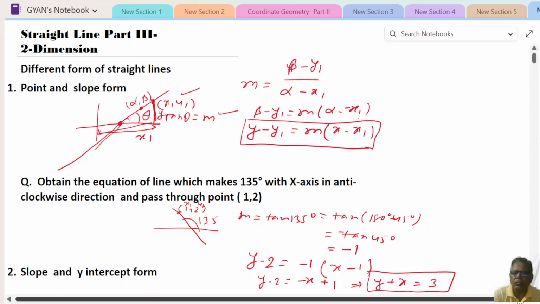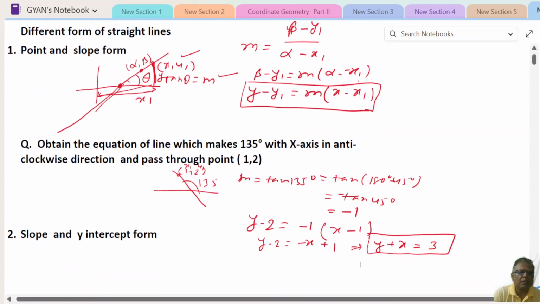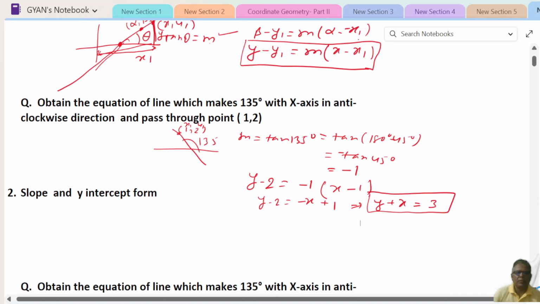Now come to the slope and intercept form. This is the slope angle theta, so tan theta is equal to m. This is the slope and this is the y-intercept. So let us say this intercept is c. The coordinate of this point will be (0, c).